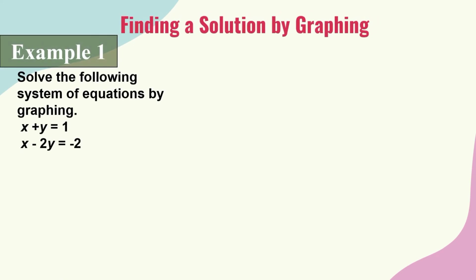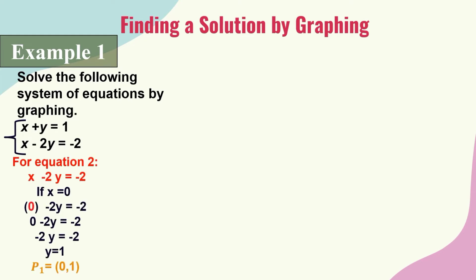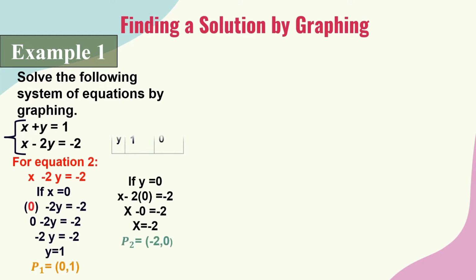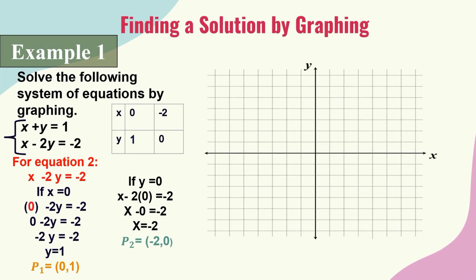Alright, let us have the second equation. Our second equation is x minus 2y equals negative 2. Again, we have to recall that we need to find the x and the y intercept. So if x is 0, we have negative 2y equals negative 2. Negative 2y divided by negative 2, and negative 2 divided by negative 2, y is 1.